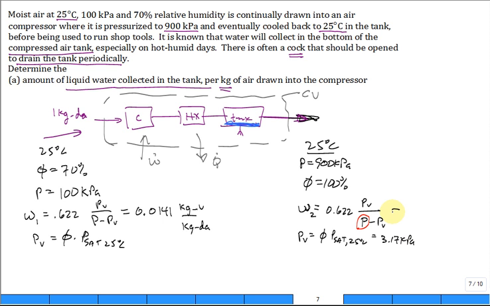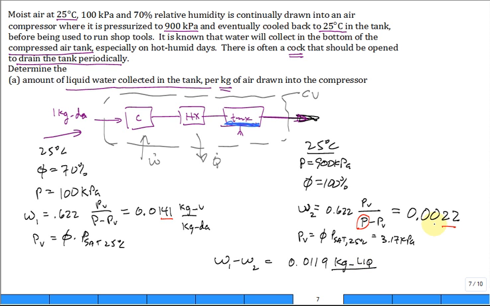And when you go back and calculate this omega, it's 0.0022. Just compare these numbers. 141 versus 22. So the difference, omega inlet minus omega outlet, is 0.0119 kilograms of water, which now has to be condensed.